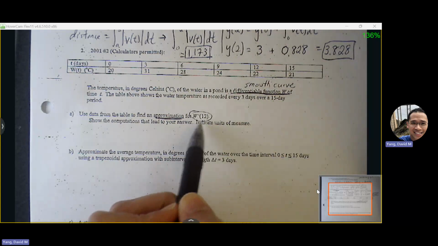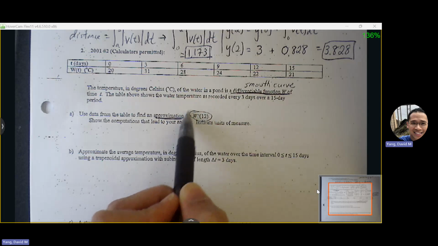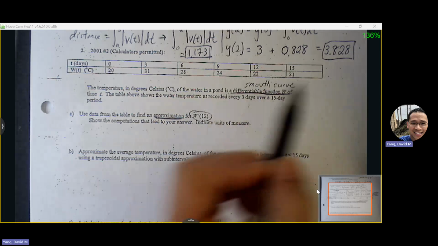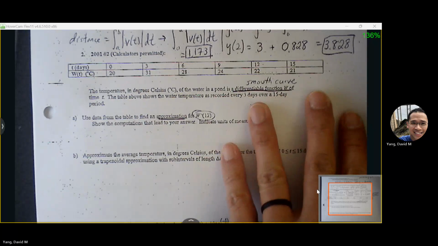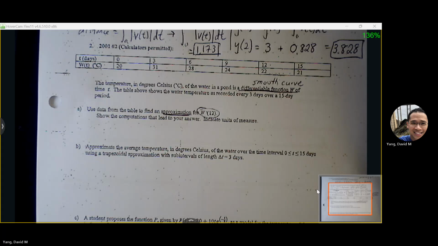So what points would you use if you want to find the rate of change on the 12th day? Which ordered pairs would you choose? Any guesses? Like, there's multiple right answers.